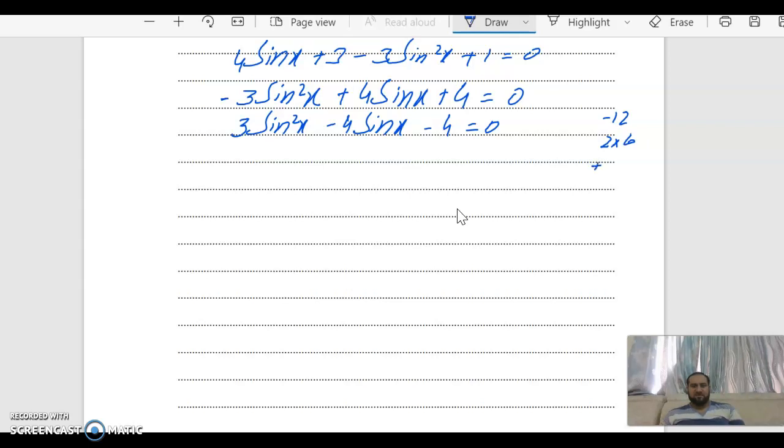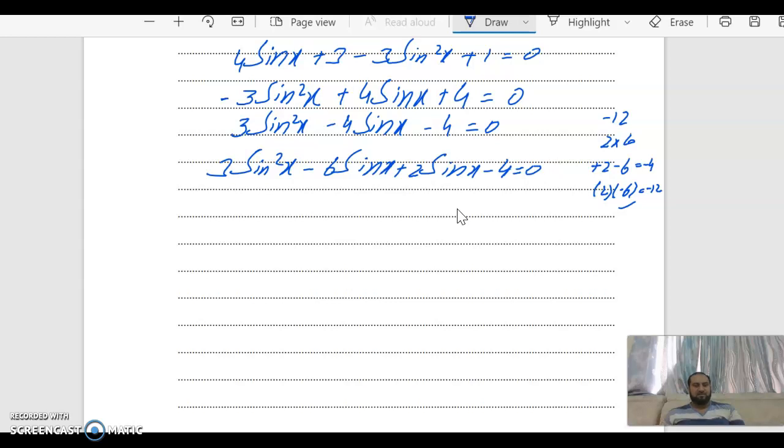If we give the signs as plus 2 and minus 6, this will give us minus 4, and if we multiply them, this will give us minus 12. So this is the right pair, and we can use it. So 3 sine square x minus 6 sine x plus 2 sine x minus 4 is equal to 0.